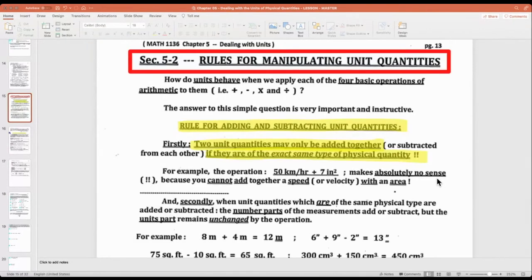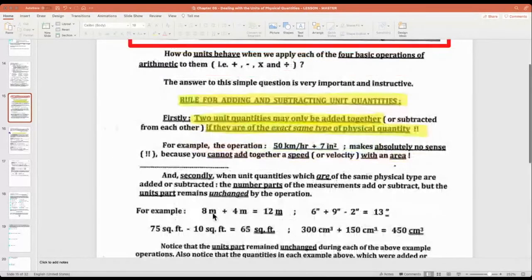So when dealing with manipulating unit quantities, with addition and subtraction, those quantities have to represent the same physical meaning. For example, it would make sense to add 8 meters plus 4 meters because those are both meters. It would even make sense to add meters with inches because although they're not the same units, meters and inches both represent length.